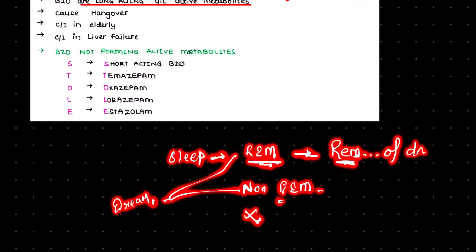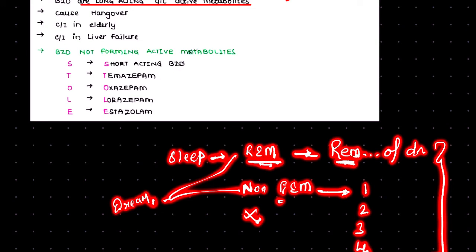This non-REM consists of further phases, phase 1, 2, 3, 4. For quality sleep, or for complete sleep, REM and all the different phases of non-REM need to be completed.